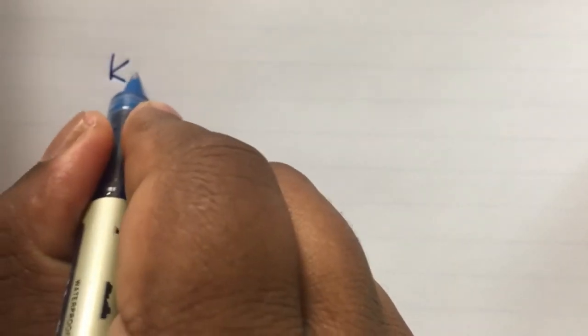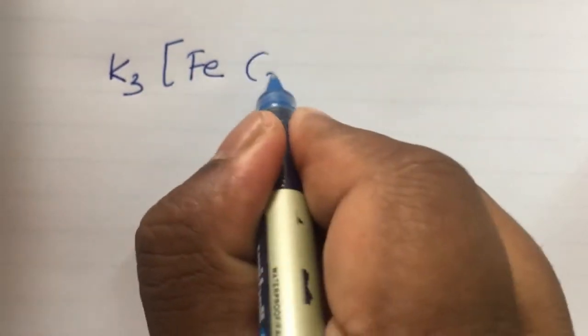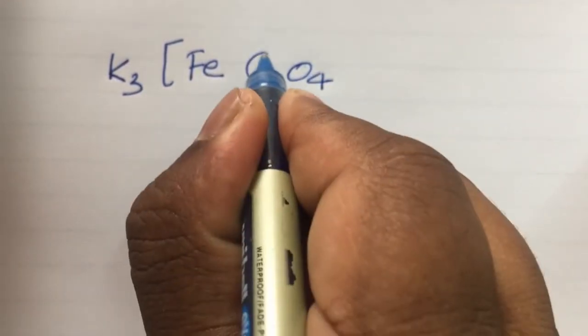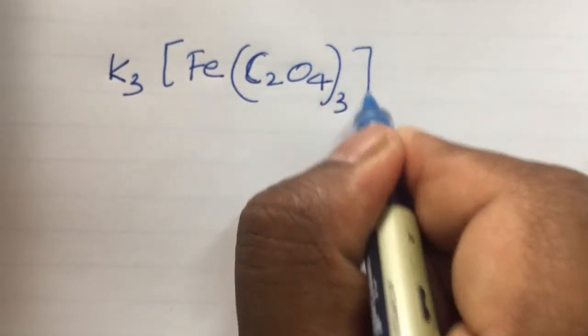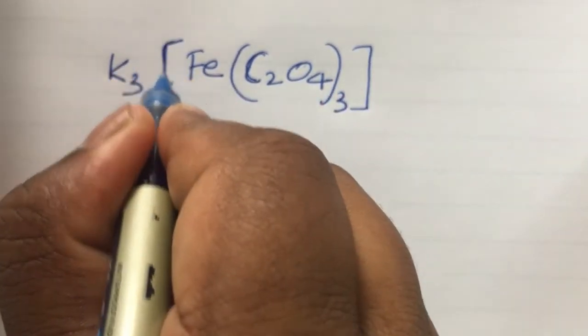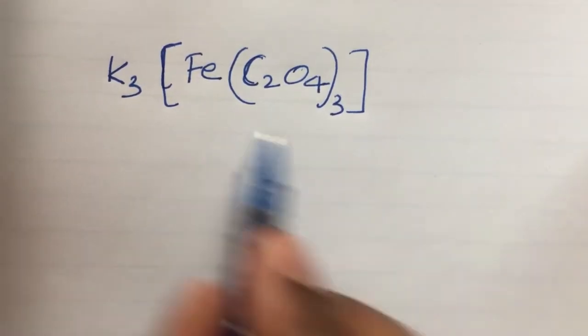Okay, next is K3[Fe(C2O4)3], potassium, Fe, C2O4, 3 times. Okay, first we can find out the oxidation state.